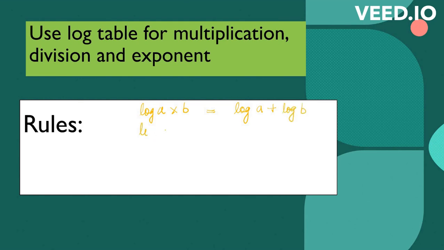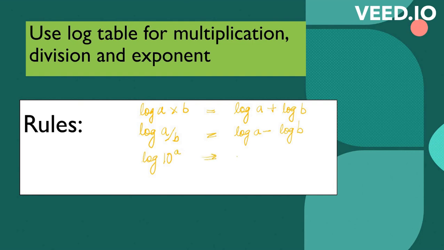Suppose there is a division, log of a divided by b. It is nothing but log a minus log b. Now suppose it is an exponent. Any number is there, like 10 raised to the power of any number, let it be a.